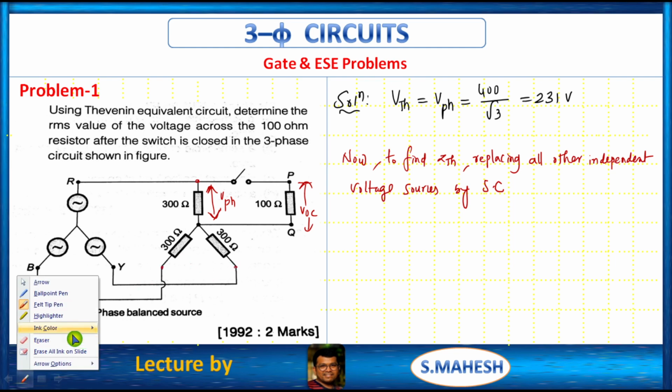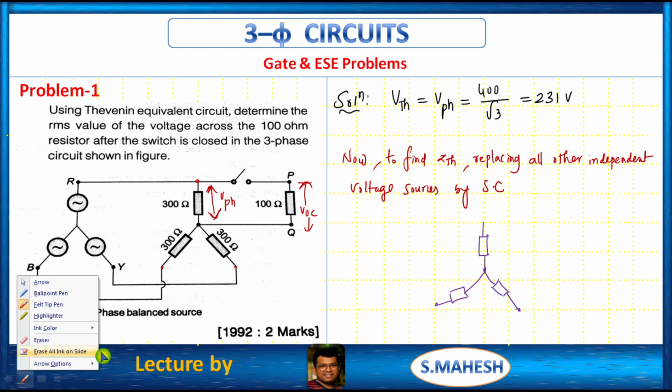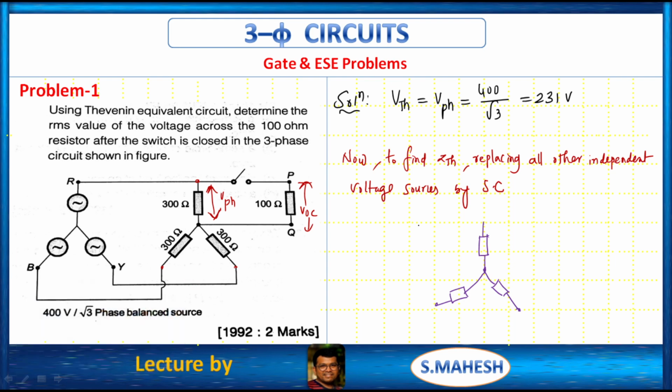Then the circuit becomes, let us say we have the load, and this is given as 300, right?